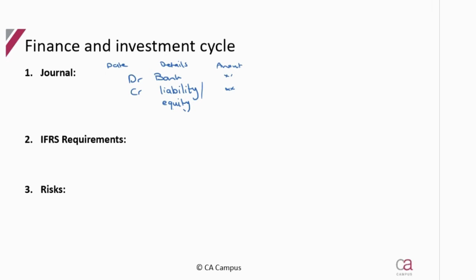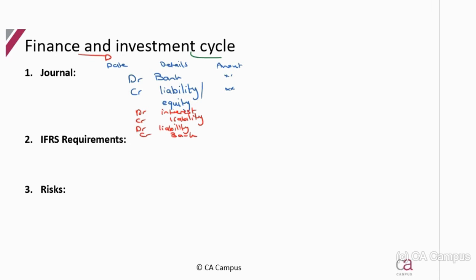And then, subsequently to this, you expect that if there's a liability, that there would be an interest accrual over that. And then, again, a payment where you would eventually have to debit your liability and credit bank. So this is for your finance side of things.